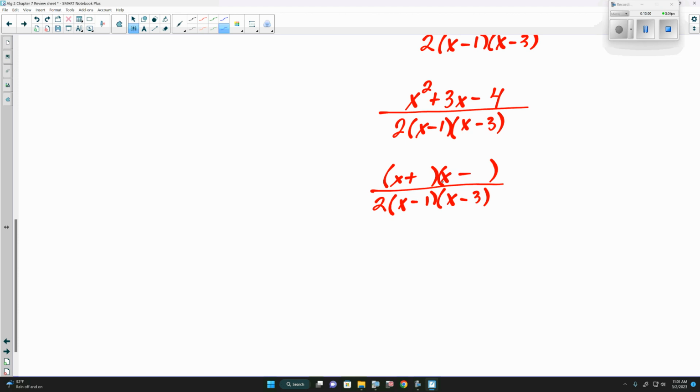Which one would be positive? The 4 is positive, and the 1 is negative. And we have this for two reasons. One, because the middle term needs to be positive, so we'll want the bigger term positive. And also, with the 1 being negative, we do have something in common on top and bottom, giving us x plus 4 over 2 times x minus 3.